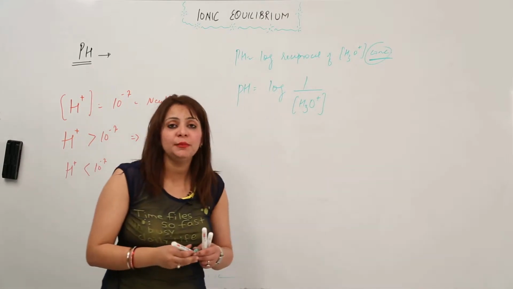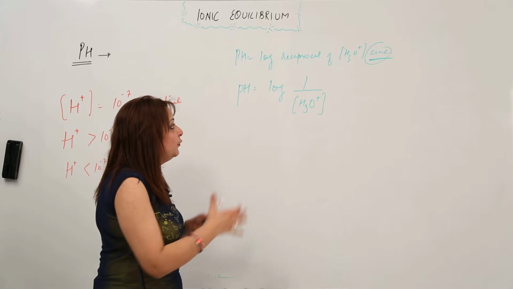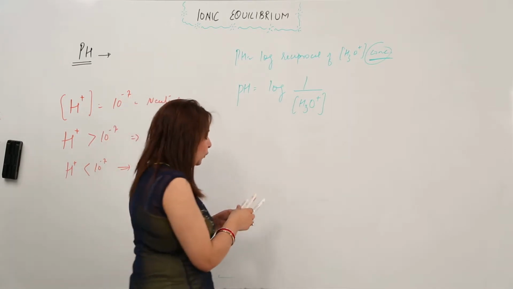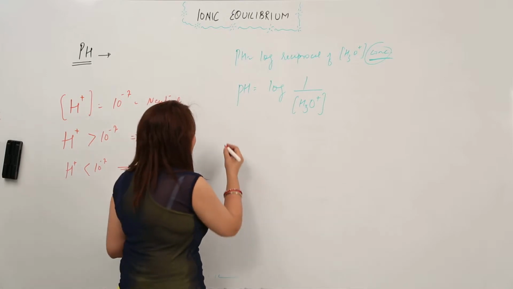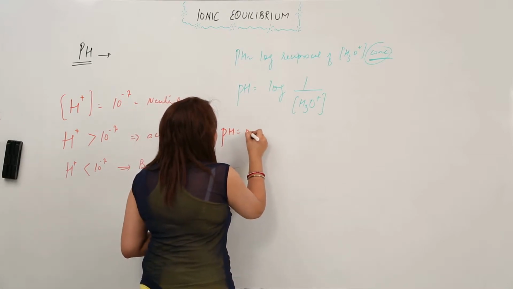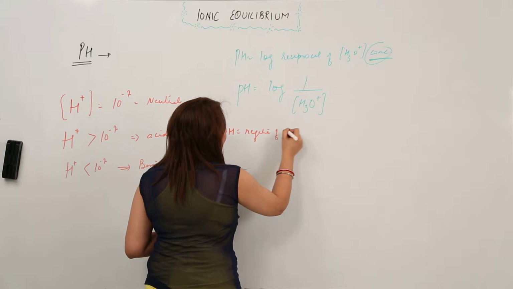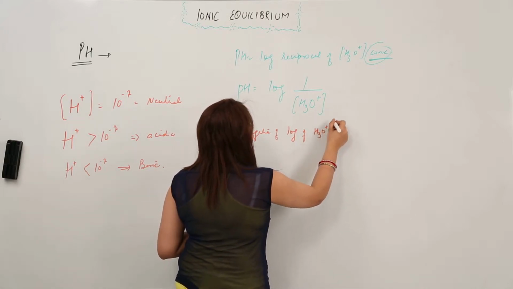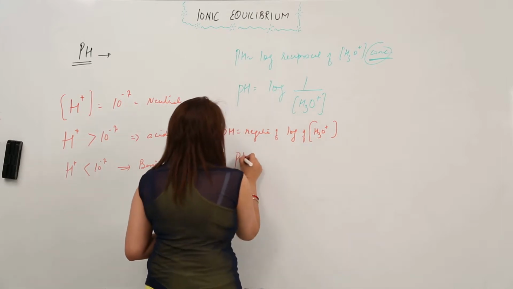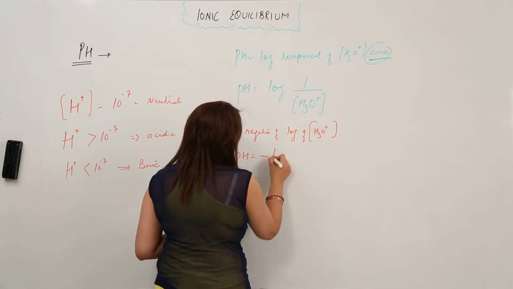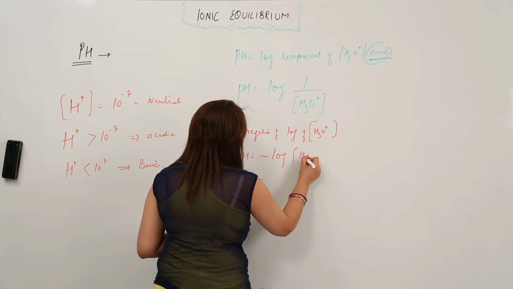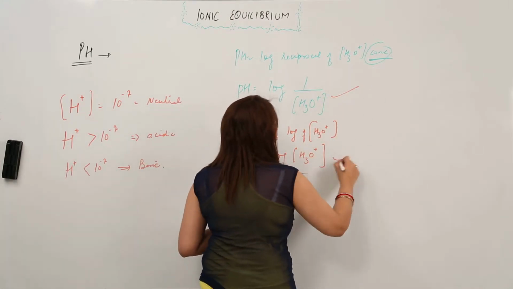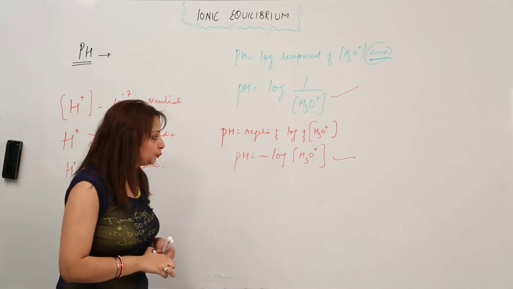So I can write it this way also, minus logarithm of hydronium ion concentration. So likewise, we can write the pH, right?